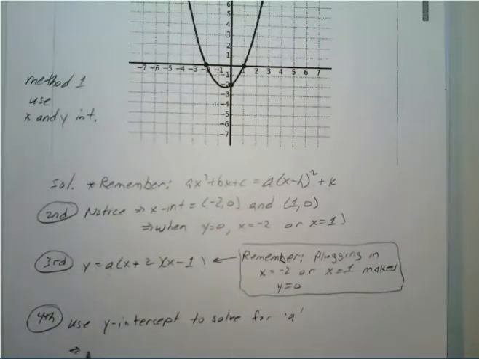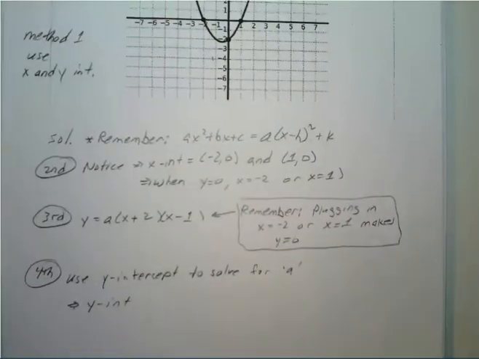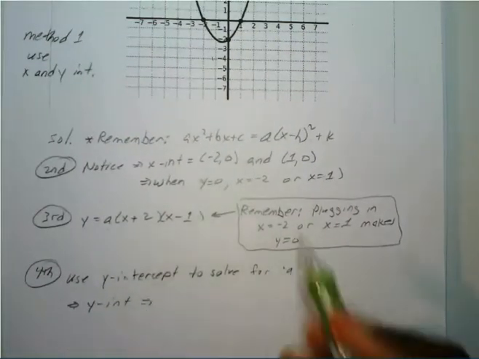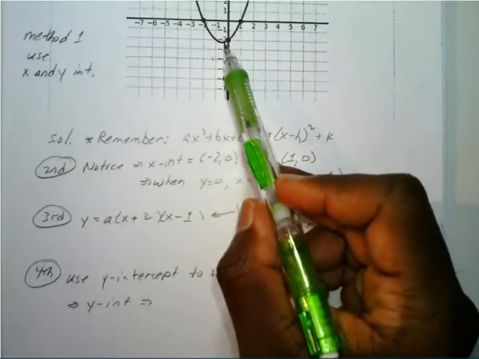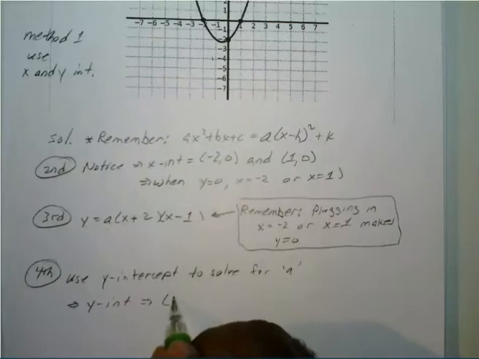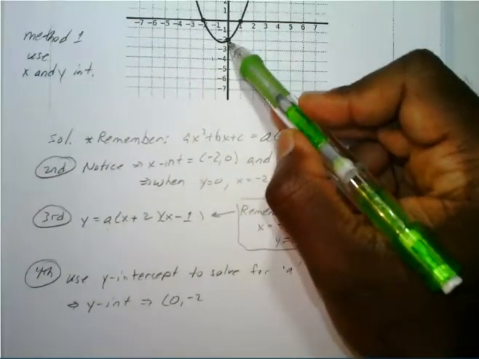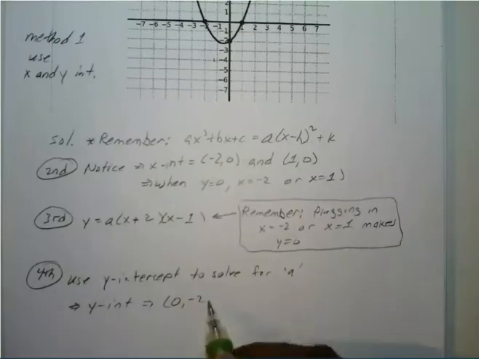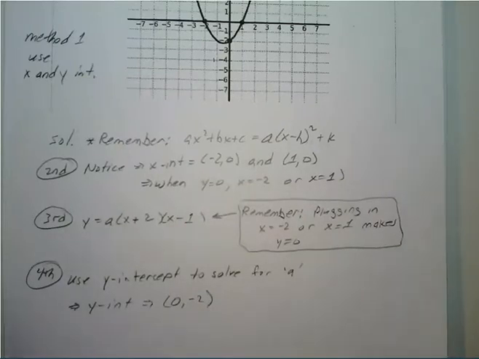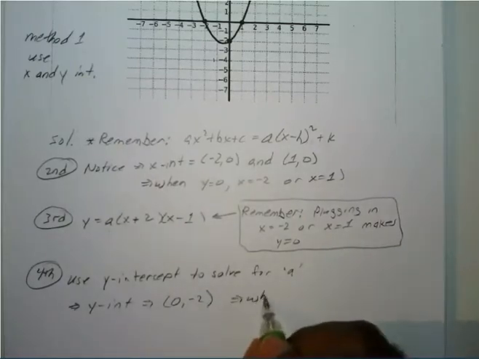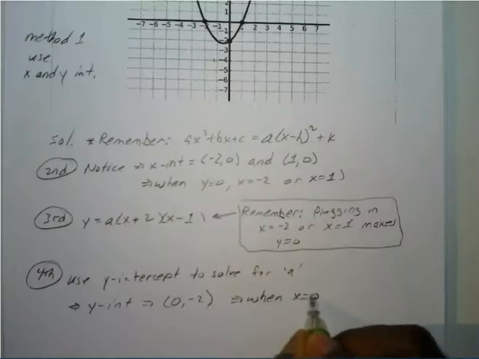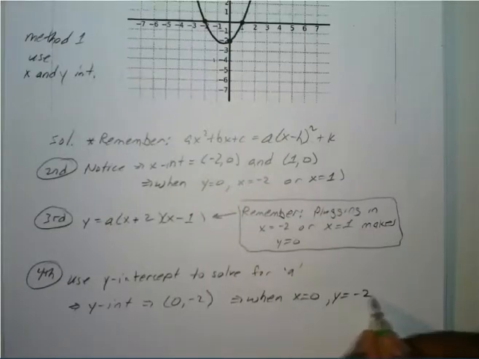So we know that the y-intercept, let's move that up a little, there we go, is right here. So that's 0, -2. When x equals 0, y equals -2.